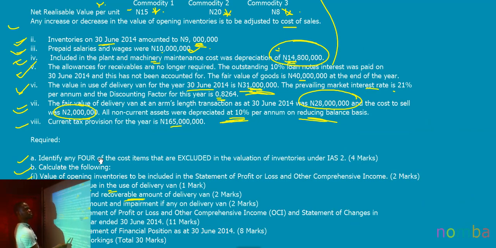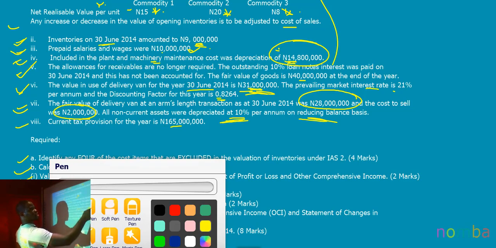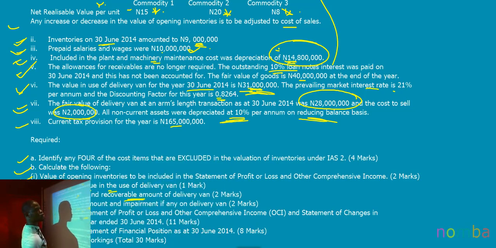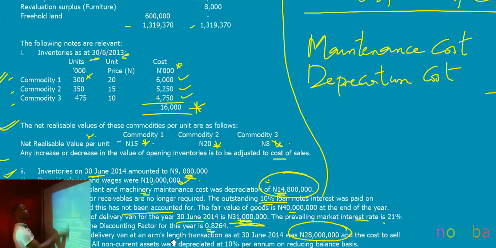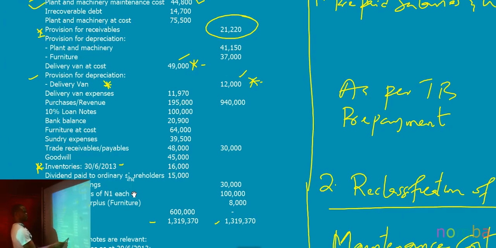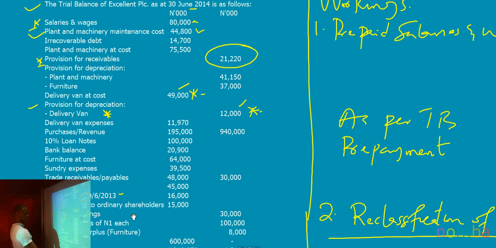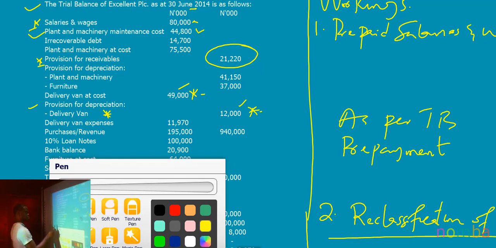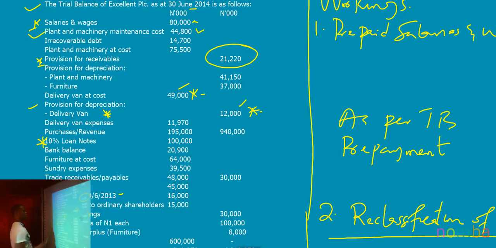Furthermore, we're told that the 10% loan note interest was paid on 30th June 2014, and this has not been accounted for. So it was paid at the end of the year. This is the 10% loan note, and in here we have it as 100,000.